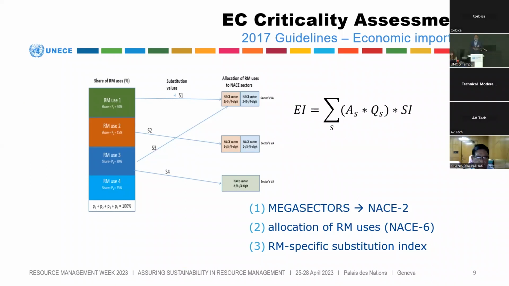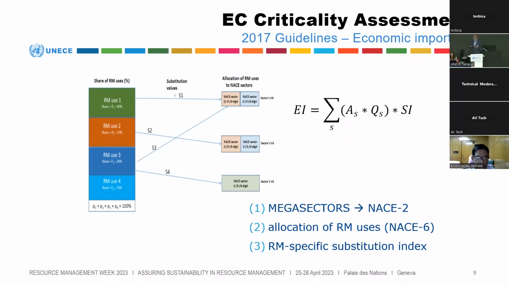The other axis for the European Commission is the economic importance. I only want to highlight that this is calculated at the entire economic system level. So there is no focus on any sector specifically. I'll go back to this point soon.